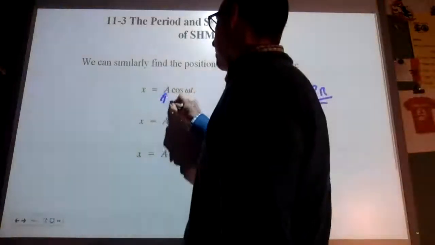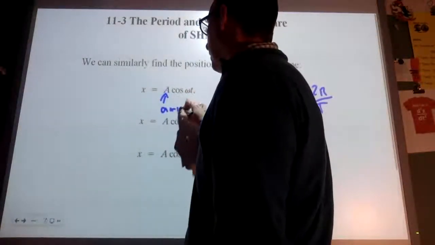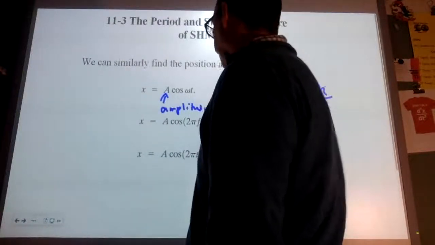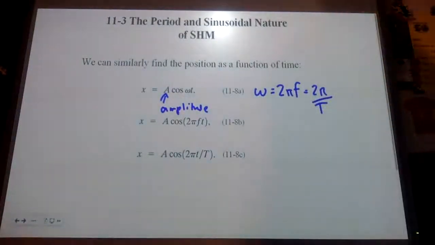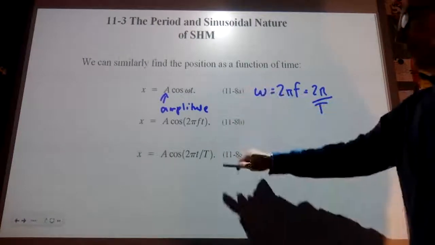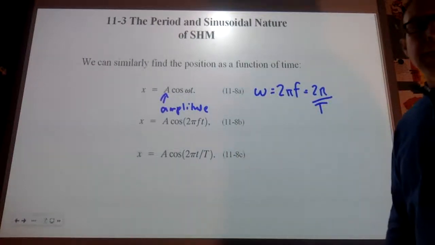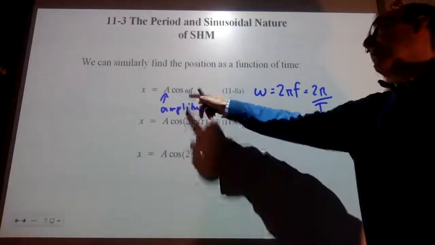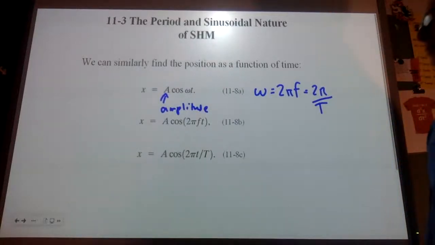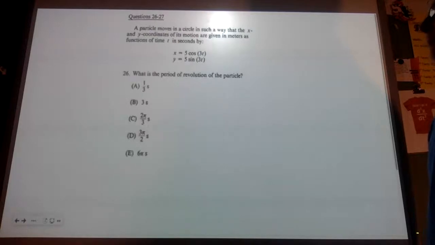A is our amplitude. Any of these are acceptable and they're exactly the same. It's convenient just to use omega because it's one single letter as opposed to the 3 terms for that one.